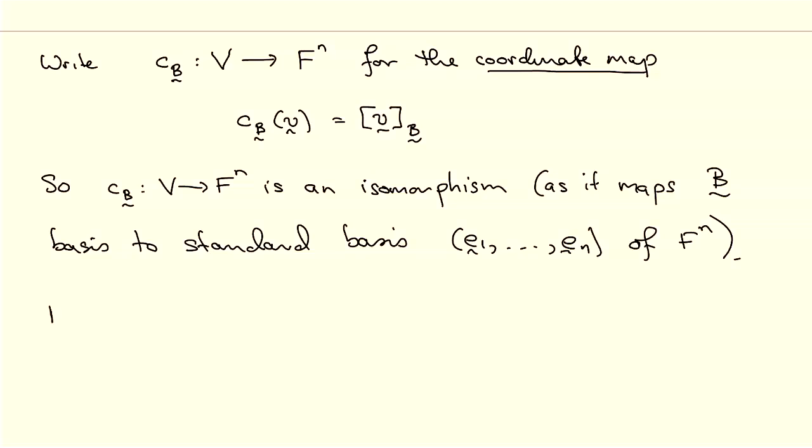So now continuing, let's bring a linear transformation into the picture now. So what we've done so far is just coordinatizing our abstract vector space as a concrete vector space. Now we have a linear transformation as well.